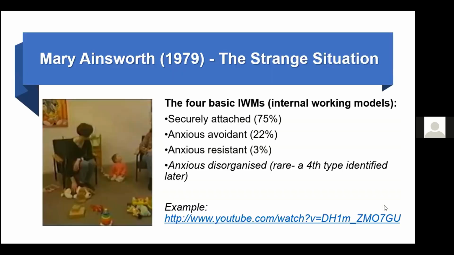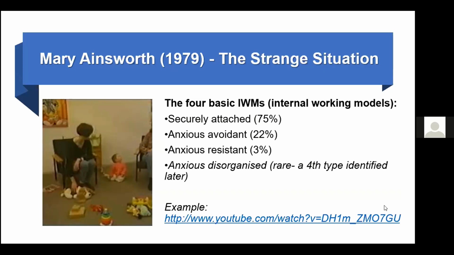Okay. So to further explore this idea of attachment theory, Mary Ainsworth, who I'm sure is someone a number of you will have heard of before, devised an experimental procedure called the strange situation.